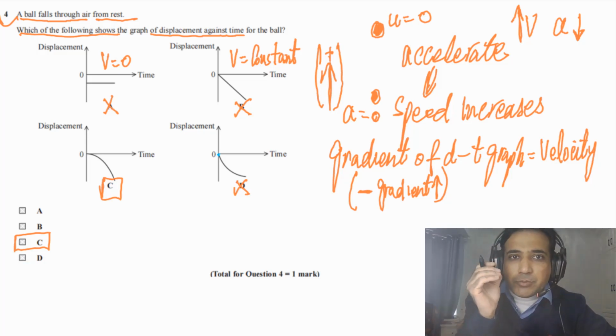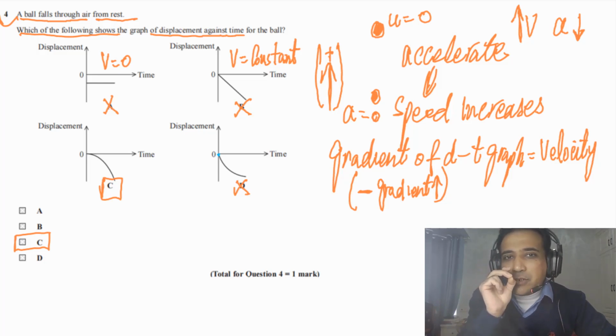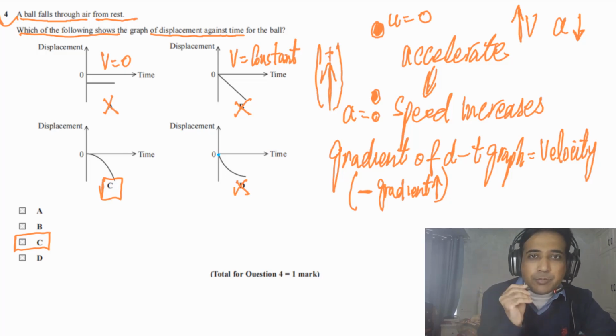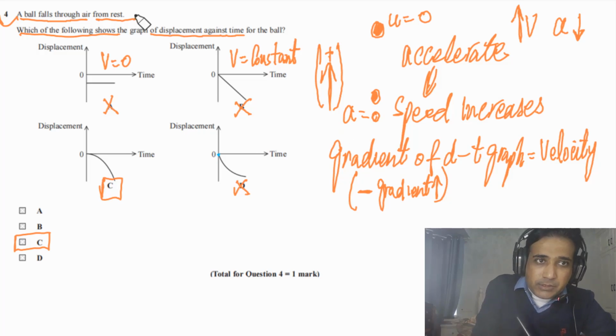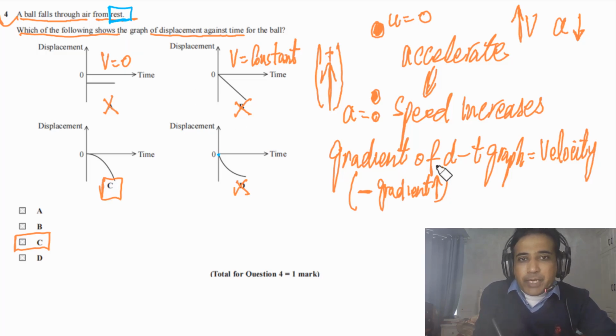Let me explain a little bit more about option D, because some of you still will not be clear about why option D is not a possible answer. The best way to look at option D is, if you look at the question, it is given that the ball started from rest and the gradient of the d-t graph is equal to velocity.